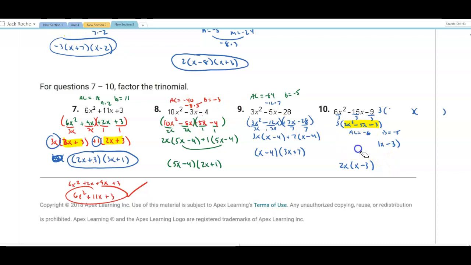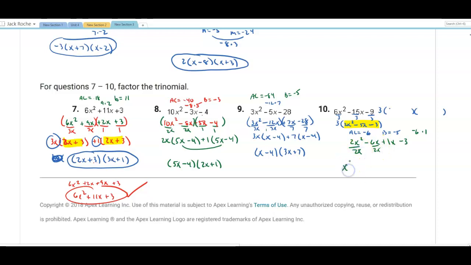Excuse me here, I made a mistake on my factors. This would be negative 6 and positive 1. So we would get 2x squared minus 6x plus positive 1x, and then minus 3. So in this case, my GCF, when I group the first two, is 2x.